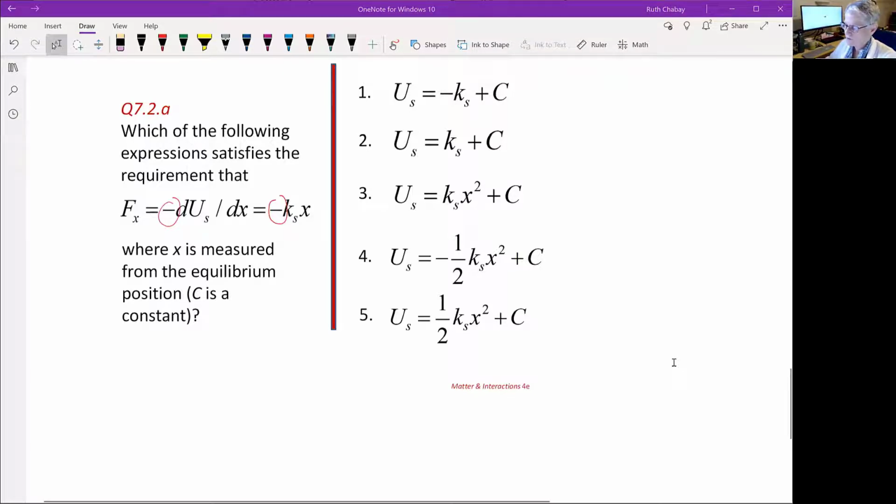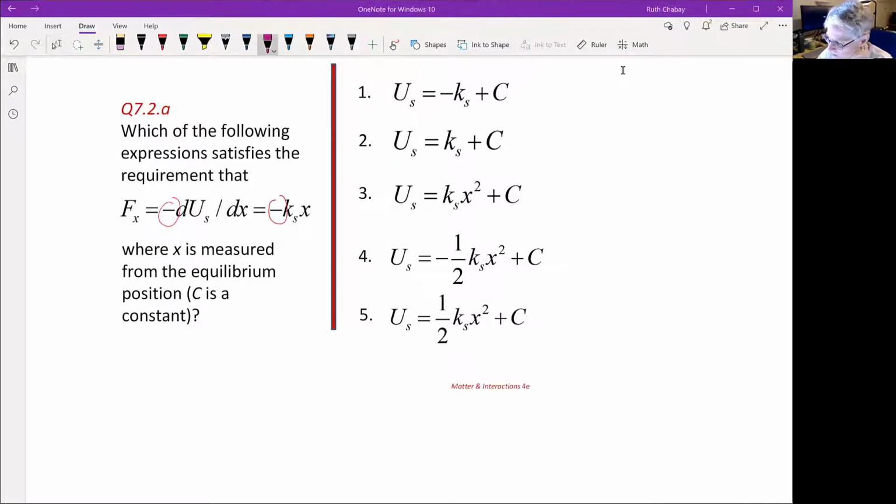So most people voted for 4. And 4 is an attractive answer, but it actually isn't the right answer. It has the property that it makes potential energy negative, which is a good thing, but it actually doesn't work. So let's see why not. Let's just differentiate this.